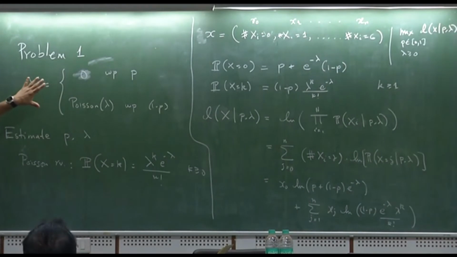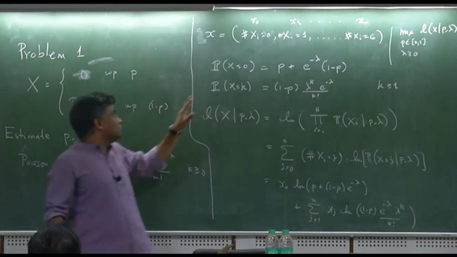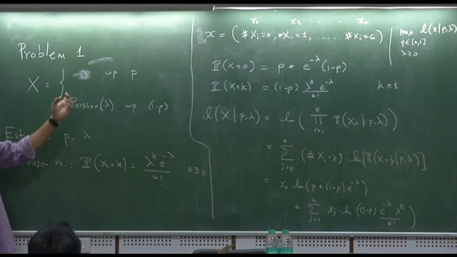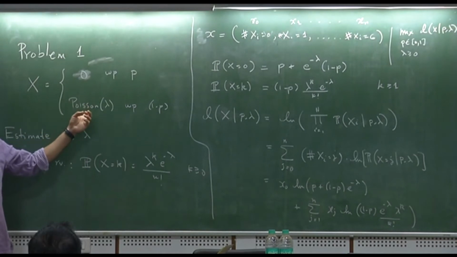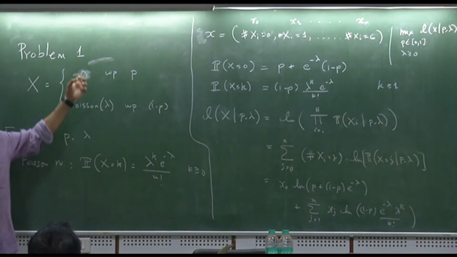Exactly. So the x turned out to be a summation. The number of times I counted x is equal to 0 here, a few of those times came from here, and a few of those times came from there. I don't know which one of them came from these two.